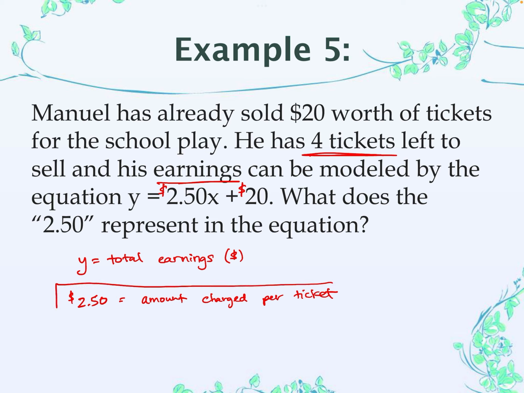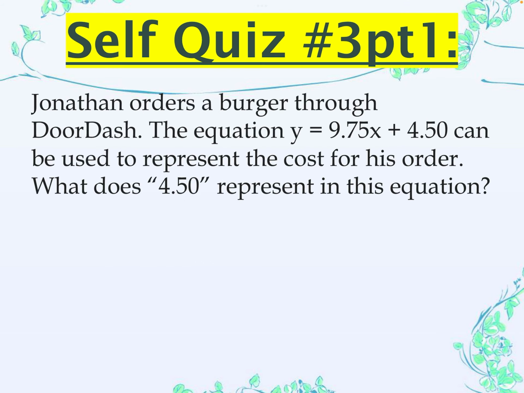And this is our constant rate of change, or constant rate, because the cost of those tickets does not increase. No matter how many tickets you buy, it's always $2.50 per ticket. So using that as a reference, you can complete self-quiz number 3, part 1, about Jonathan ordering some DoorDash.